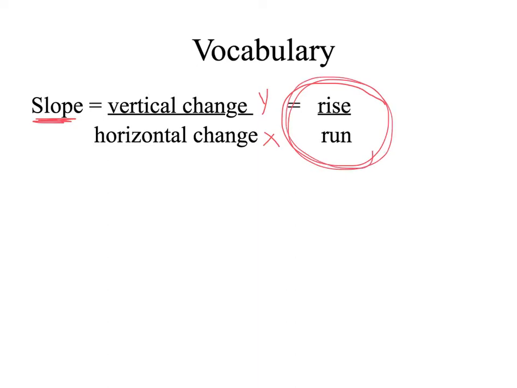You need to have that memorized as quick as you can. Slope is equal to rise over run. The more we practice, the more you will get it memorized. We usually don't say vertical change over horizontal change, except when we're relating it to rate of change. We're more likely to say rise over run.